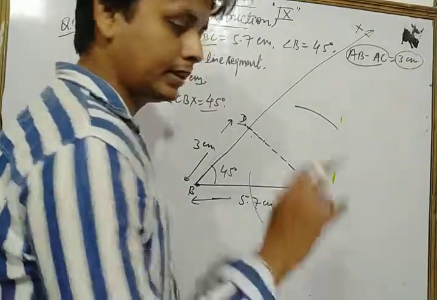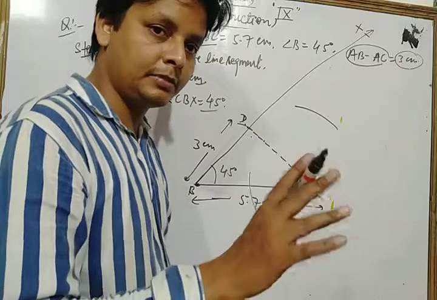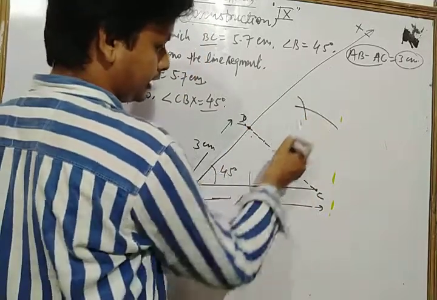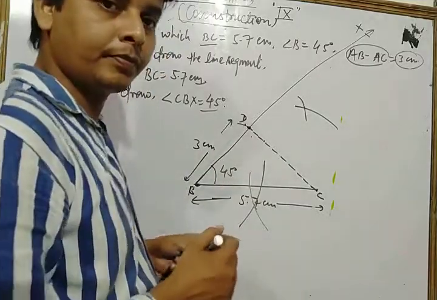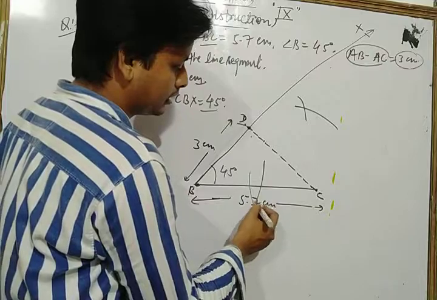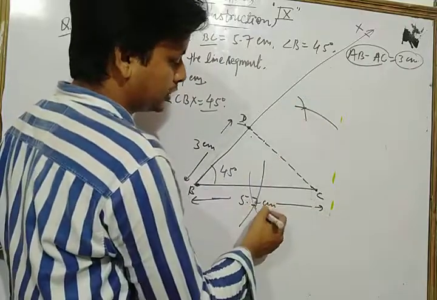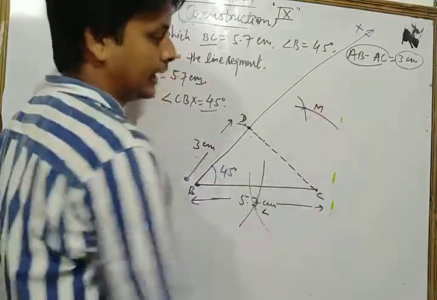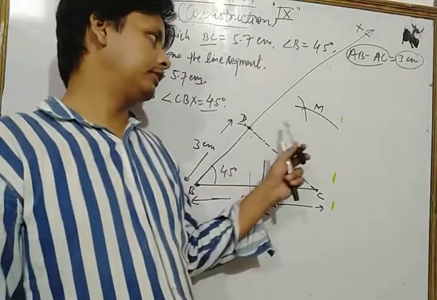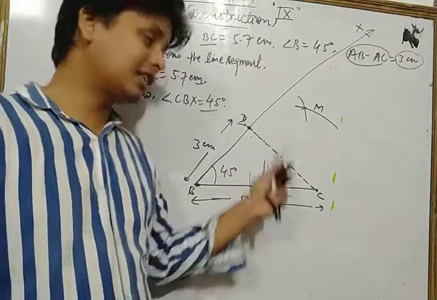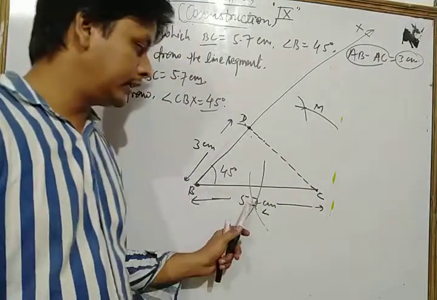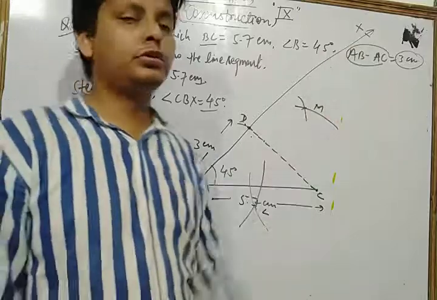Now with the same radius and taking D as center, we cut the previous arcs. Suppose that these cut each other at two distinct points L and M respectively.